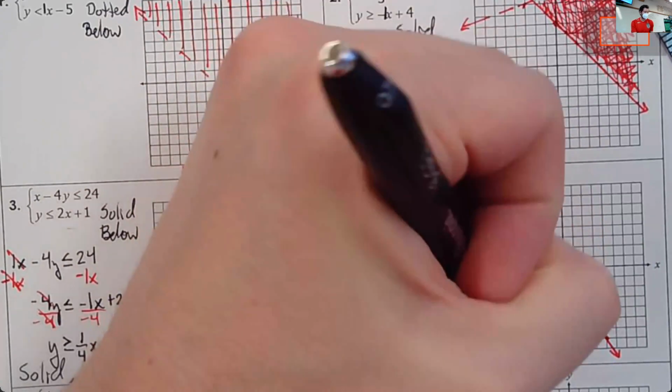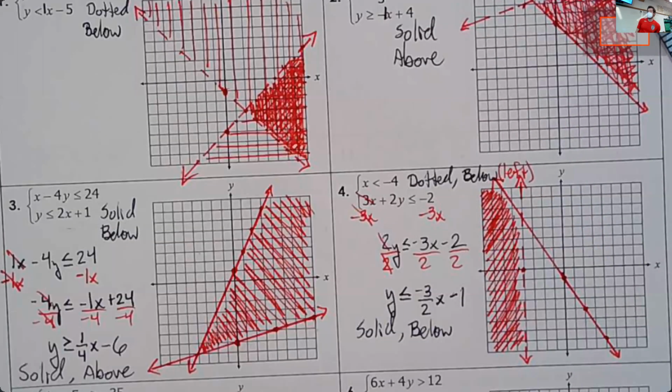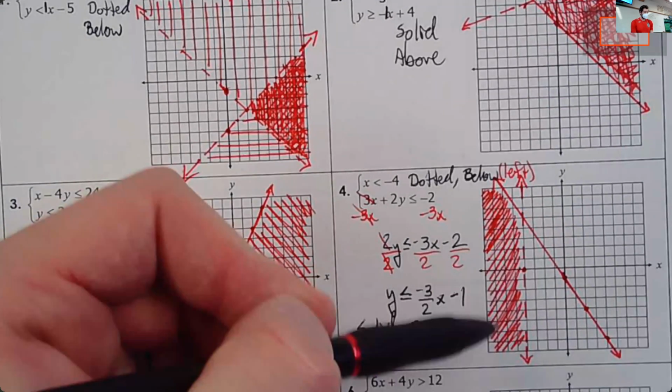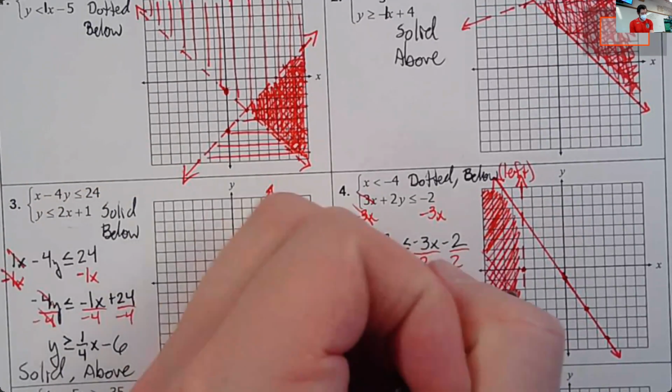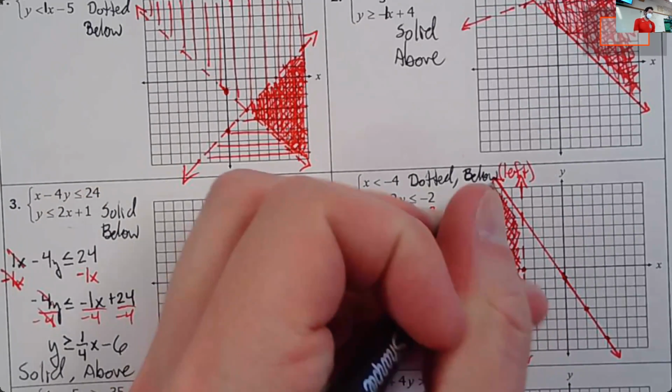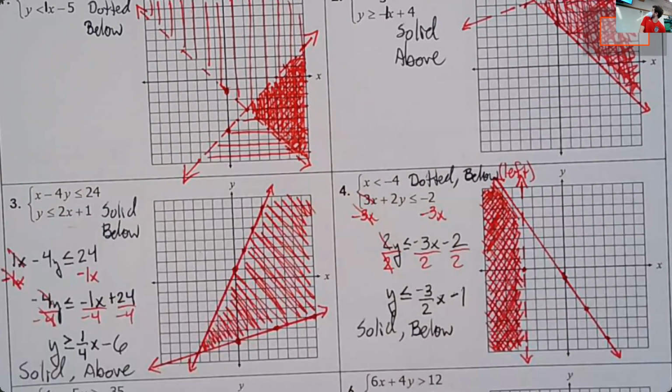So to the left of the vertical line and underneath the diagonal line at the same time is kind of that column piece right over here on the left. And so that's what this one's going to look like for number 4.